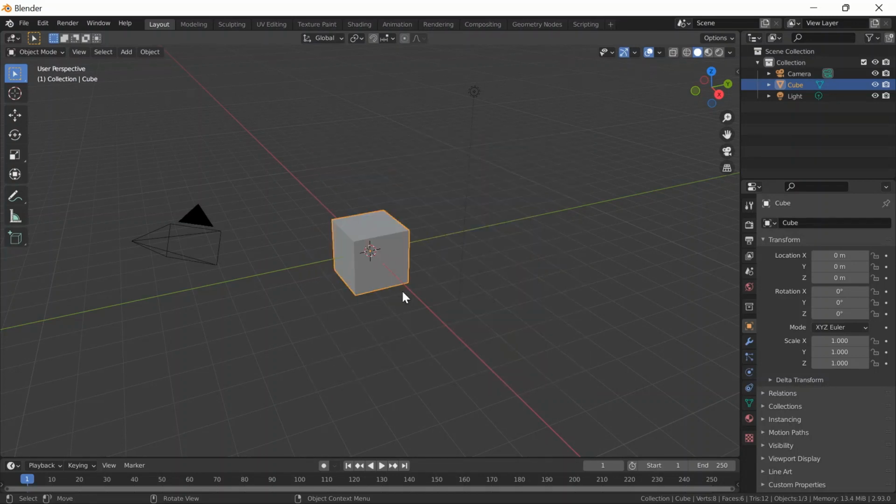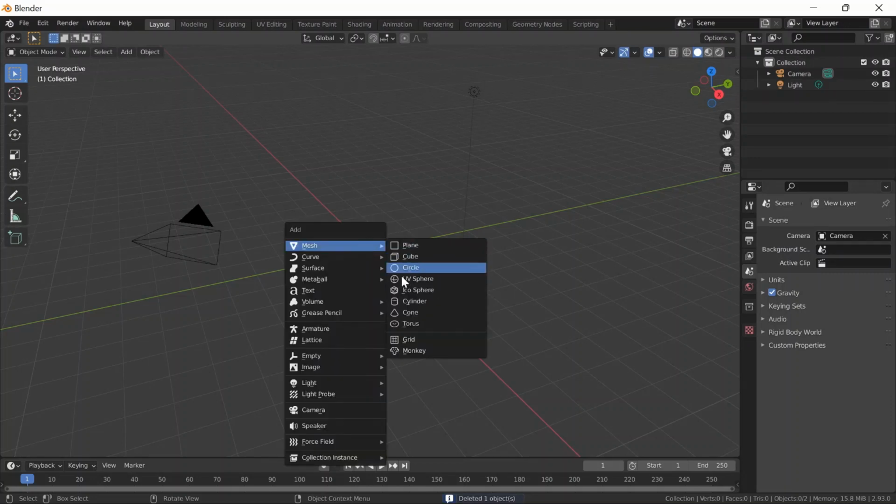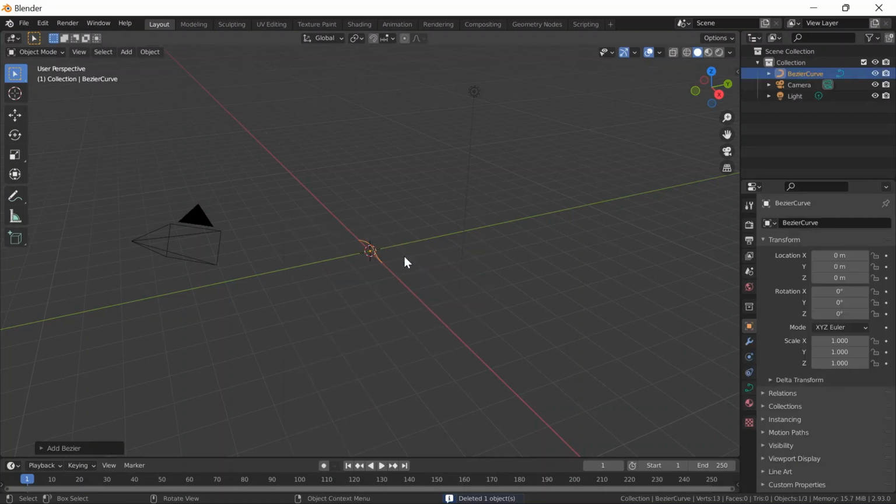So I'm gonna try to practice that curve thing again. So let's delete this, Shift A, go to curve, add Bezier curve, sorry. Oh my god, I don't have my mouse. Oh, let me delete this. Delete it? I mean, what am I saying? I meant remove. What is wrong with me, like, actually?